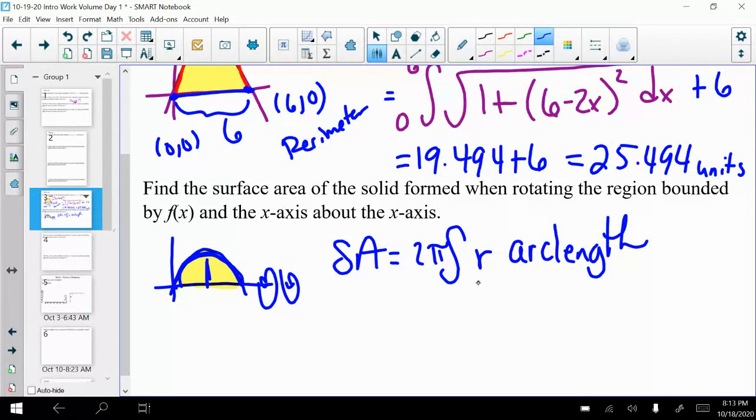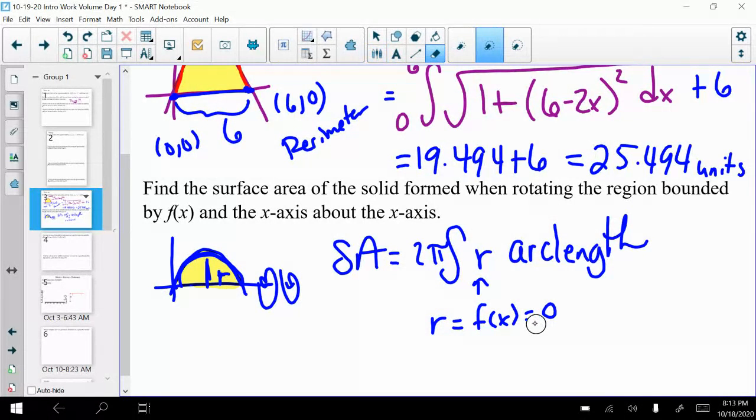And r, this r right here, is the distance from our axis of rotation to our function that we are integrating, or to our edge, sort of, that we are rotating. So in that case, r is just going to be f of x minus 0, which is just, of course, f of x, or our 6x minus x squared.